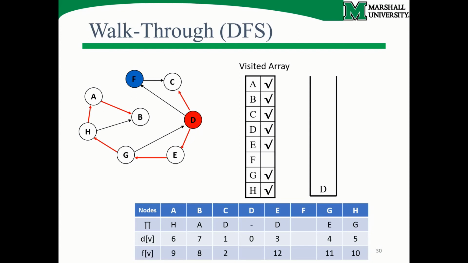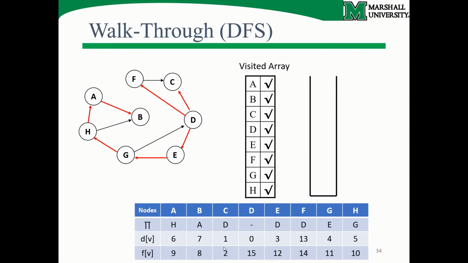Then we will go back to D. D has one more unvisited adjacent node, which is F. That means F is discovered via D at time 13. There are no unvisited adjacent nodes of F, so we can finish processing F at time 14. We will go back to D. Finally, we will finish processing D at time 15.